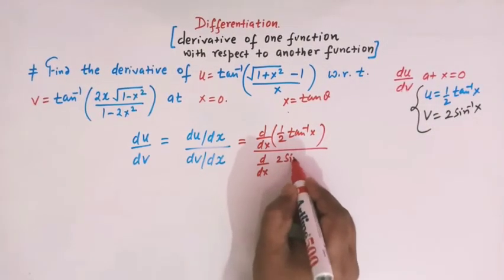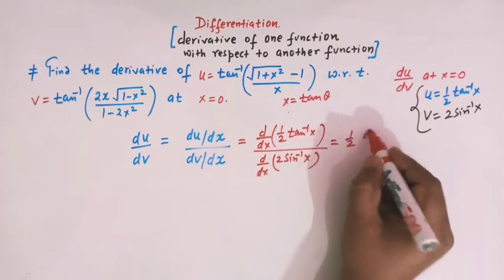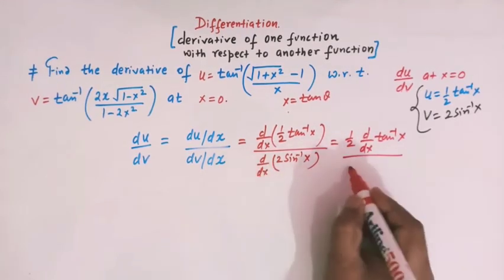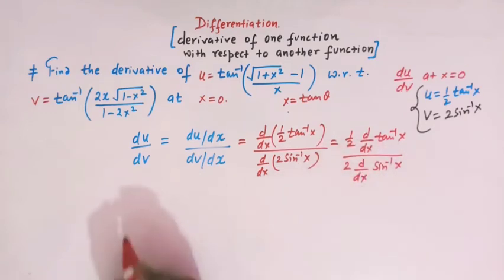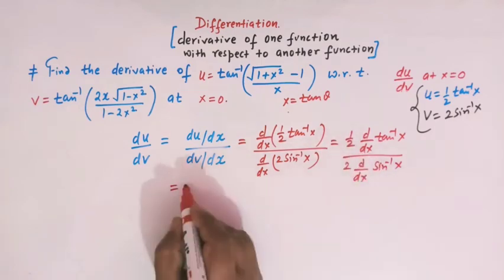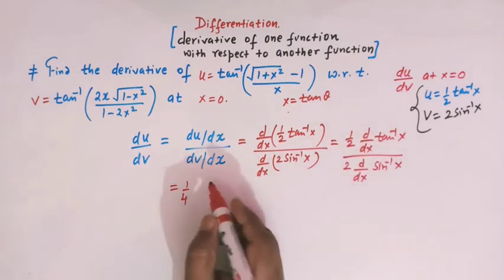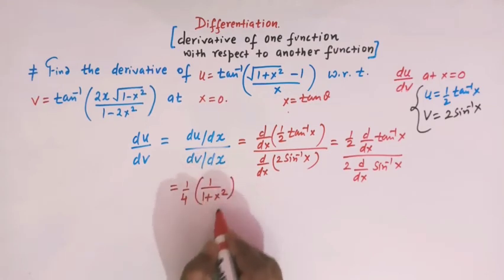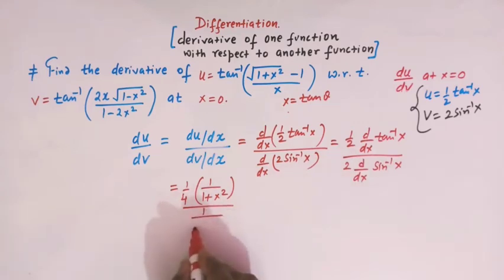V is 2 sine inverse x, right? So now this is half, and we have the derivative of tan inverse x, and here we can take 2 outside, we have the derivative of sine inverse x, right? So now half and 2 becomes 1 over 4, and we know that the derivative of tan inverse x with respect to x is 1 over 1 plus x square, and the derivative of sine inverse x is 1 over square root of 1 minus x square, right?